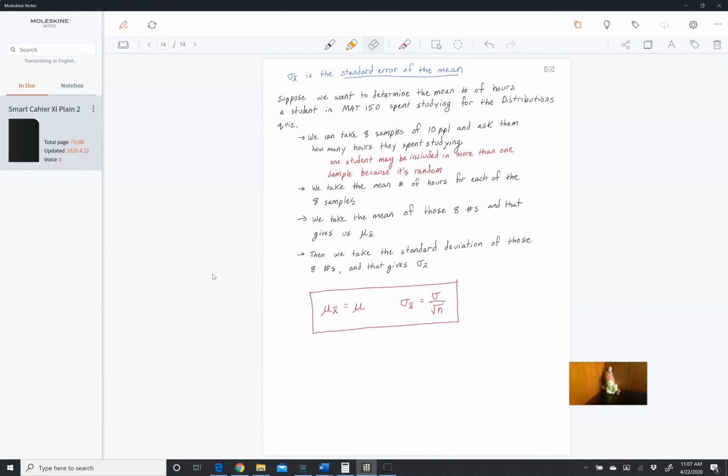Okay, so let's do an example. And in this example, we're kind of going to work backwards, and we're not going to work through everything. So for example, we're not going to find the standard deviation. You already know how to do that. What we're going to do is we're going to just create a sampling distribution from the different information that you're giving.